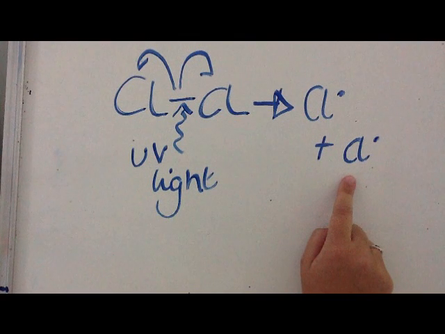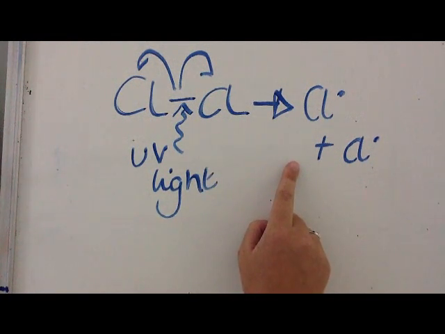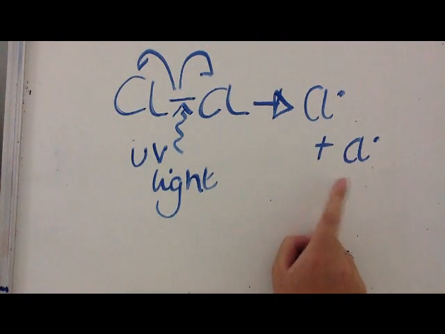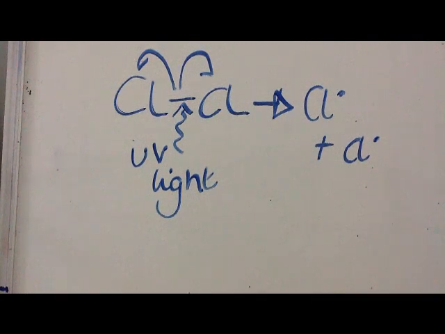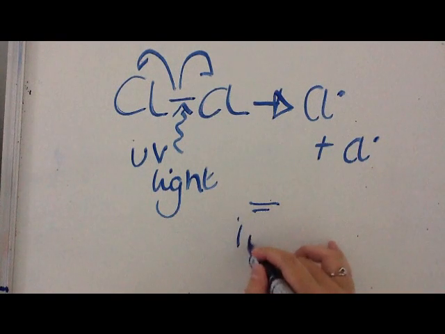It is not called an atom, even though technically it is, because it has once been a chlorine diatomic molecule and it's been split up. It is definitely not an ion. There is no charge on this. Each of these has not gained an electron. These are free radicals.